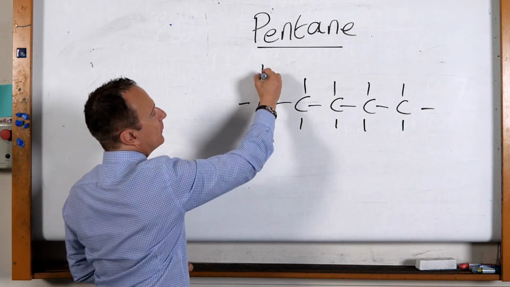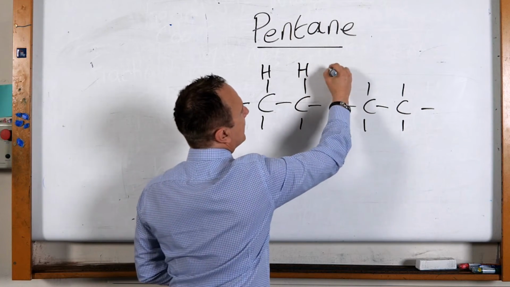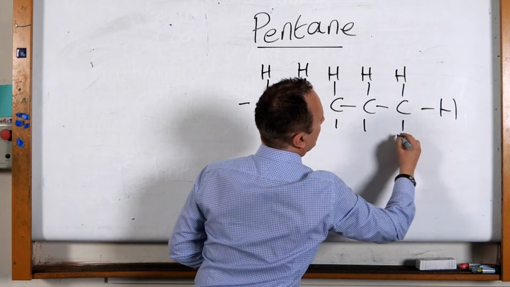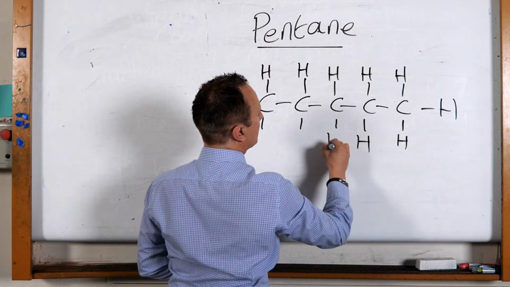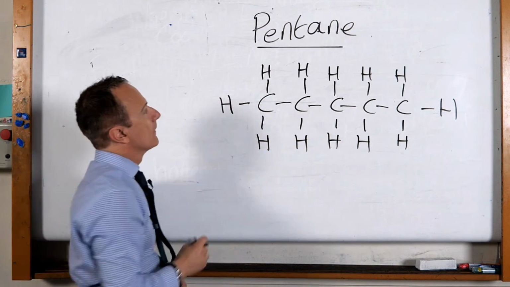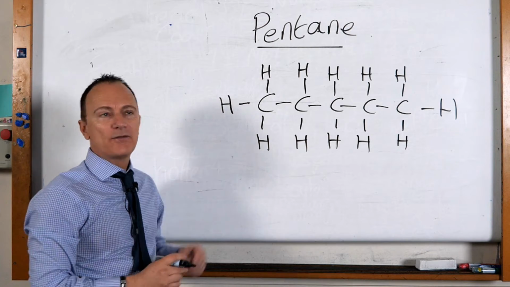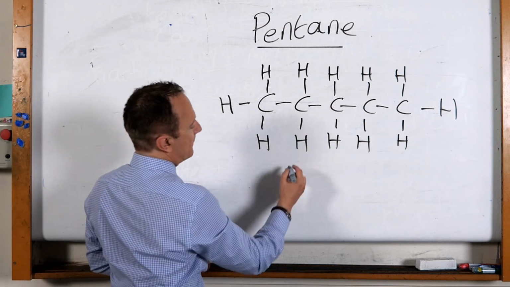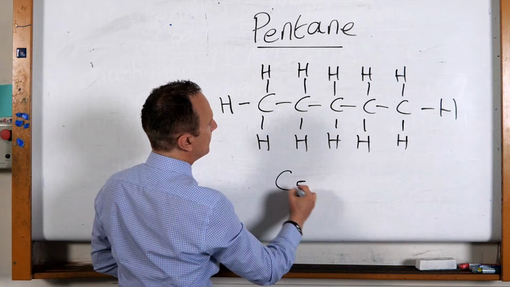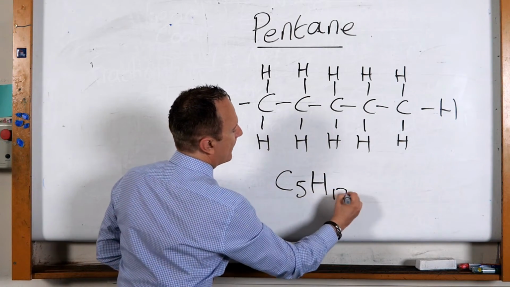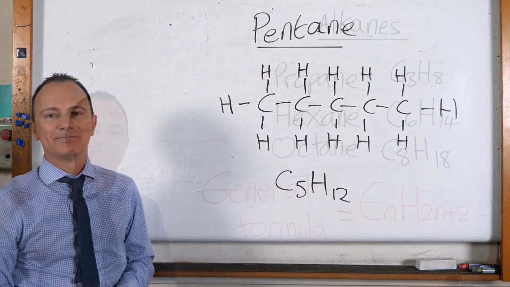And then we need to fill up with hydrogen atoms because an alkane is a hydrocarbon made from just hydrogen and carbon atoms. So that is the displayed formula of pentane, and if we wanted the molecular formula, we've got 5 carbon atoms, and if we count up all the hydrogen atoms, we've got 12 hydrogen atoms.